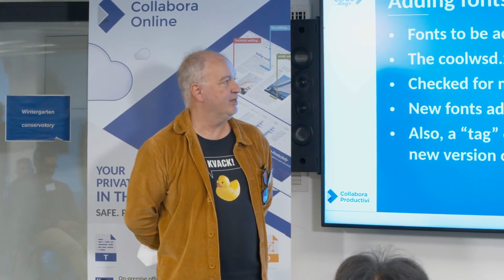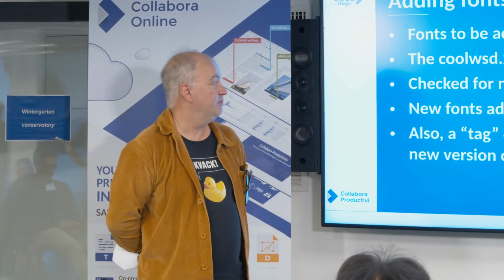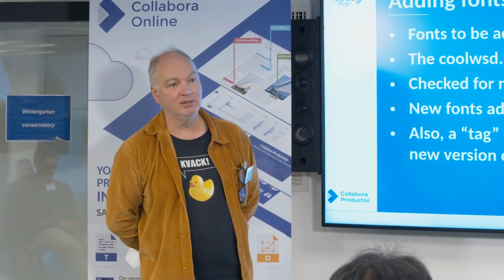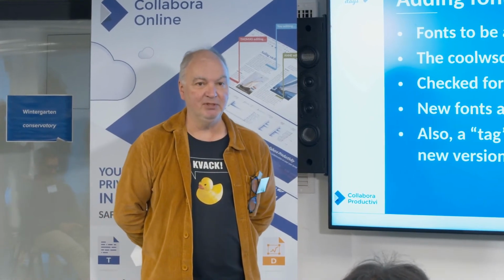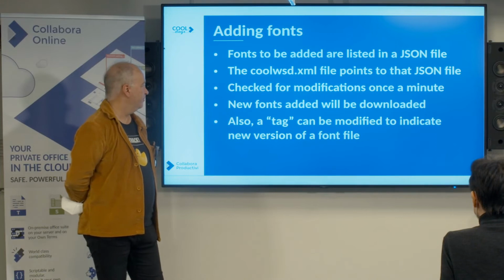We check once a minute if this JSON file has been modified, and in that case we read this list once again and download new fonts, or notice if some font has been removed and handle that accordingly.